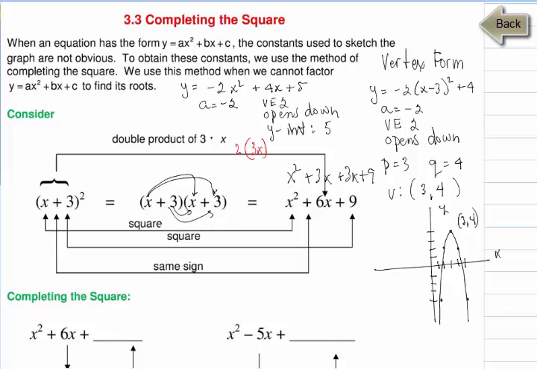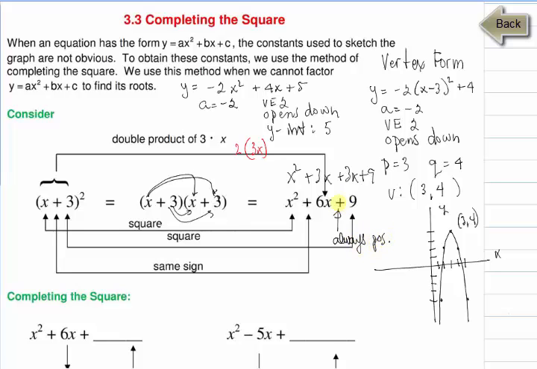Why do we do that? We do that because if you take a look at our work for when we used FOIL to expand this, your two middle terms are identical, right? So 3x and 3x, you've got two of them. That's why you're going to double the 3x. Okay, this sign is always positive.